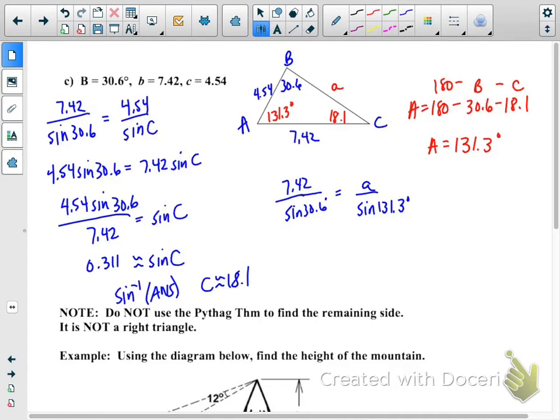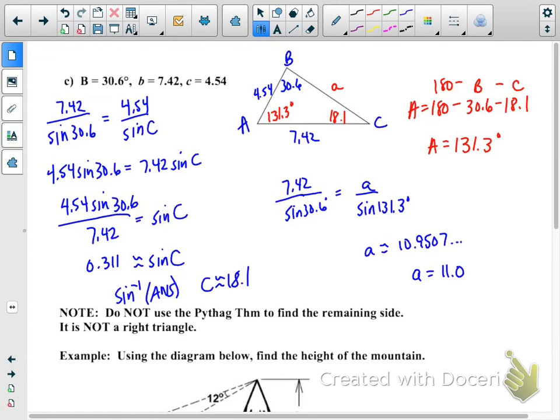Now when I work that one out, I'm not going to go through all the steps there, but we would cross multiply and then divide. I get that a is approximately 10.9507, and so on. To 3 sig figs, the 5 rounds up the 9, which makes the 9 round up the 0. So we end up with 11.0. That's one of those kind of weird rounding situations there.